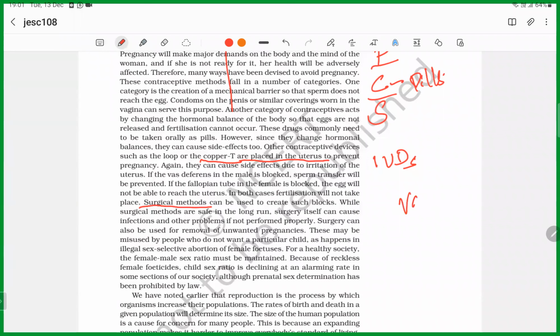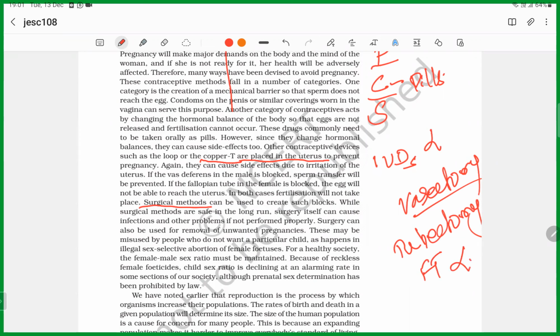Surgical methods, vasectomy and tubectomy, are permanent methods. Vasectomy and tubectomy mean the vas deferens in the male is cut and tied, and the fallopian tube in the female is cut and tied. So there is no chance for the meeting of sperm and egg cells. From the male, sperm cells will not be released, just seminal fluid.